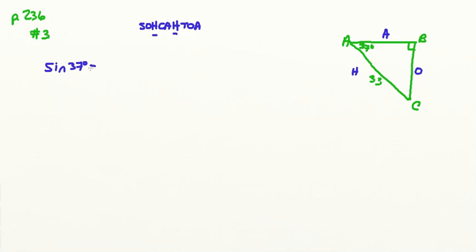Let's do sine. I'm going to call my opposite side x. And then I need to solve this for x, so 33 times sine 37 degrees. Nearest whole number, so that's 19.8, so that's going to be 20.